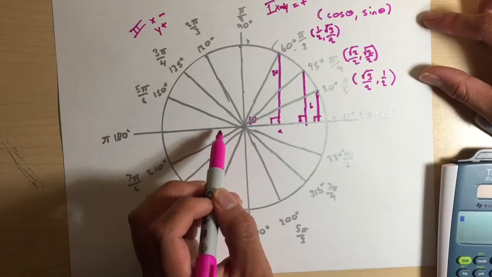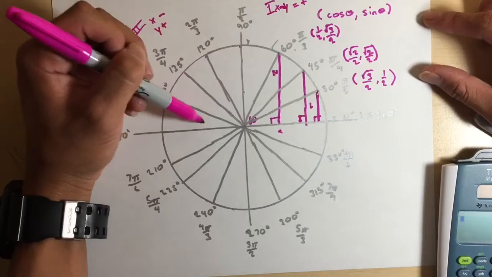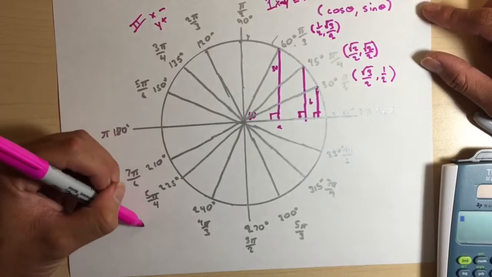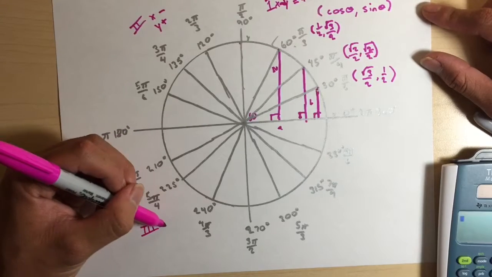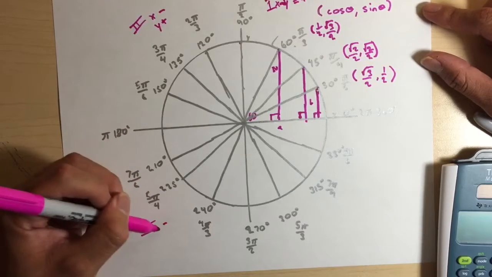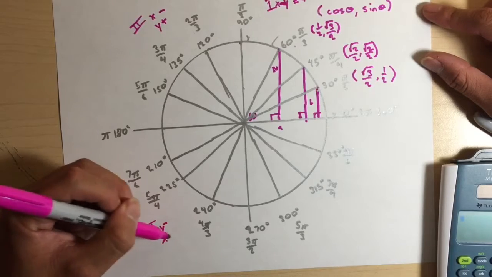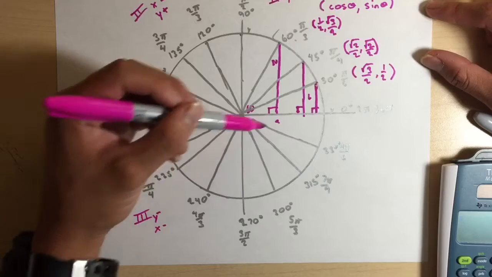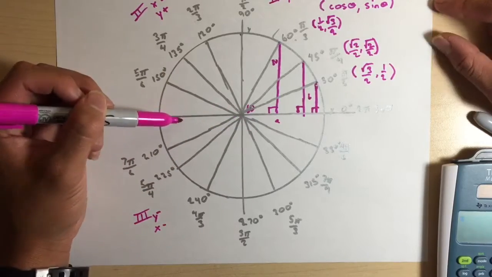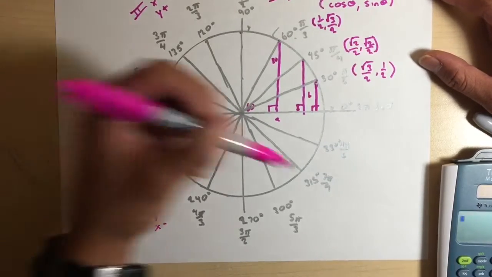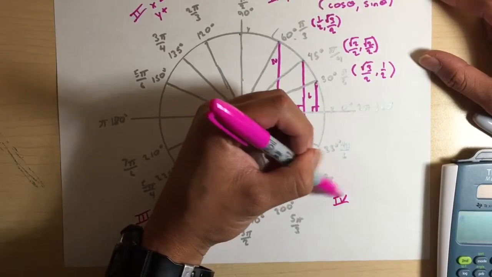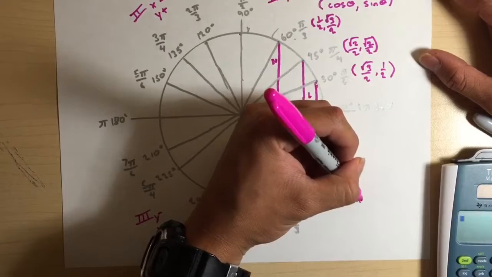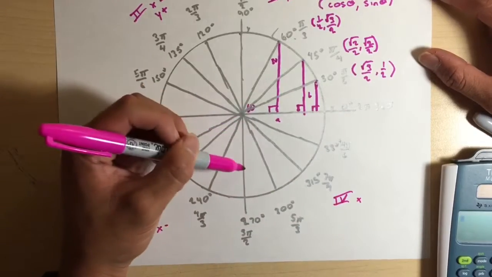So this would be negative, but the y is still positive because we're still going up on the y-axis. And quadrant 3 would be negative for both x and y, because we go down on the y-axis and then again to the left on the x-axis. And quadrant 4 would be positive x and negative y.